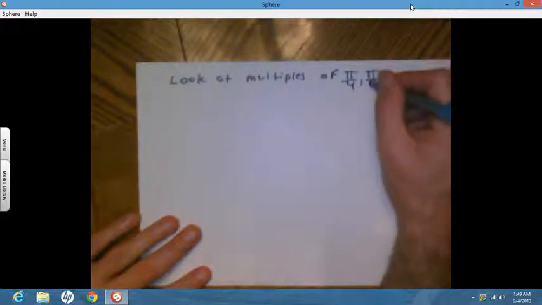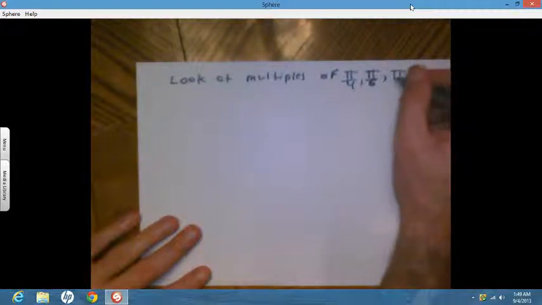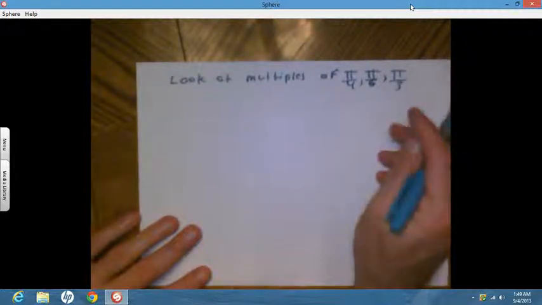And again, that's 45, 30, and 60 degrees. And we're also going to look at negatives. So we're looking at multiples and negatives. And you can think of a negative as a multiple, the angle times -1.